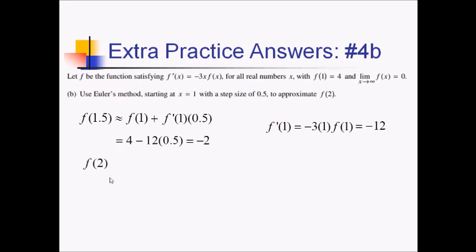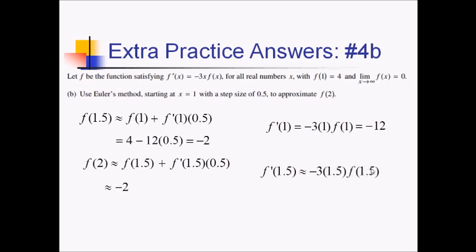Okay, now we're going to find f of 2. That's going to be f of 1.5, which we just approximated, plus f prime of 1.5 times 0.5 step. F of 1.5, well, we already said that was approximately negative 2. F prime of 1.5, now we're doing negative 3 times 1.5 times f of 1.5. So this is going to be negative 4.5 times whatever f of 1.5 is.